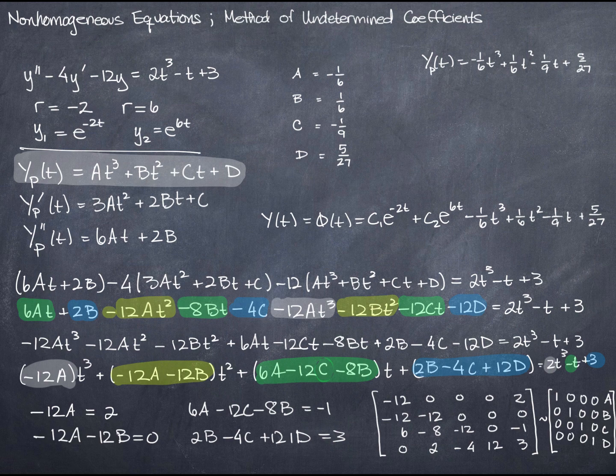So if you're asked for the particular solution, you give this answer. If you're asked for the general solution, you give this answer, which includes the particular solution, but also includes the linear combination of the fundamental set of solutions from the characteristic equation work.